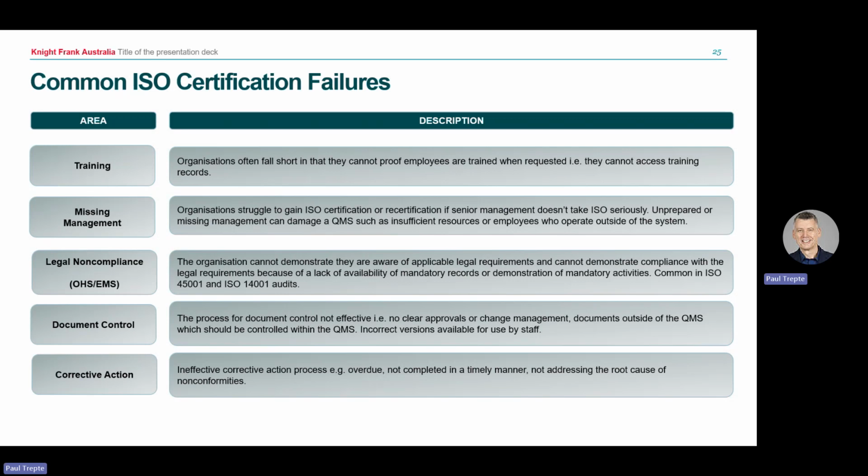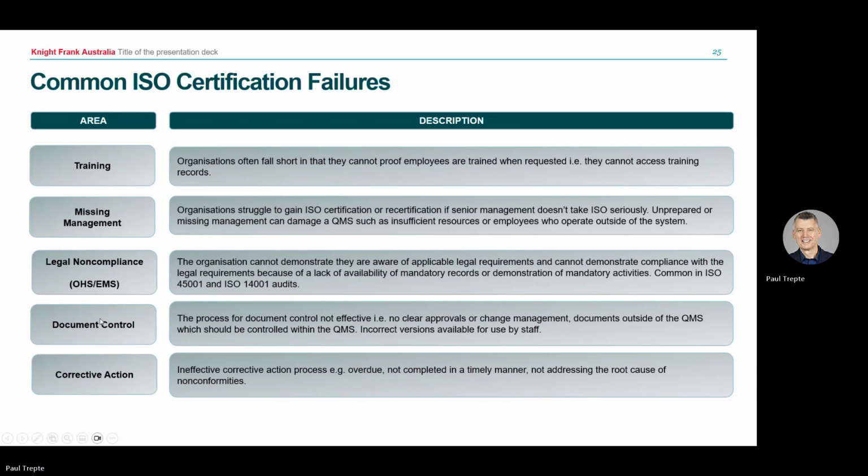It's very common within 45001 and 14001 environmental audits, and a lot of legal issues can be identified in the audits. And this is one of the strengths of those two standards, and why procurement organisations want you to have it: they know that you are focusing on legal compliance as part of your management system.